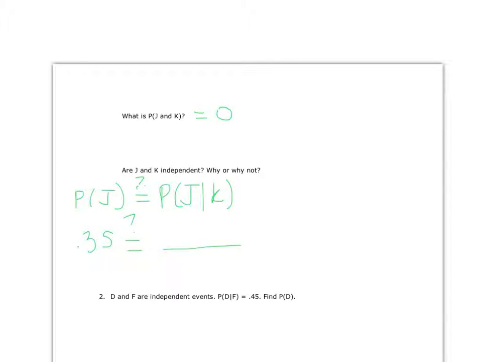The probability of K goes in the denominator, that's 0.15. In the numerator we want the probability of J and K, which we just figured out was 0. So that is equal to 0. Those are not equal, so the answer is no. It's because what we just showed is that the probability of J is not equal to the probability of J given K.